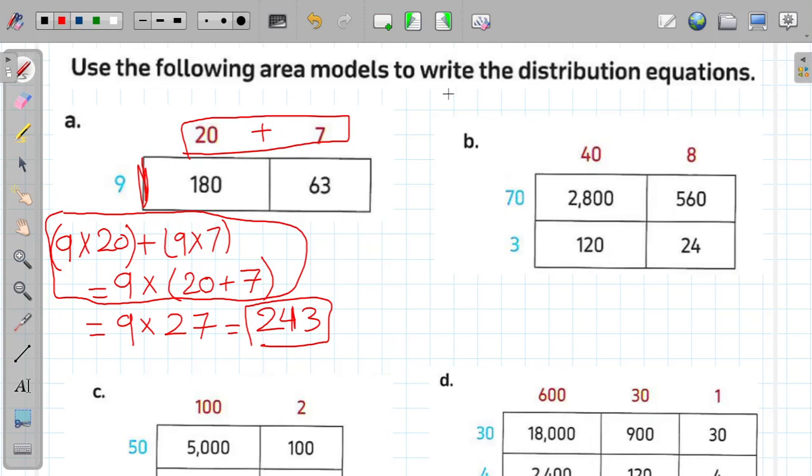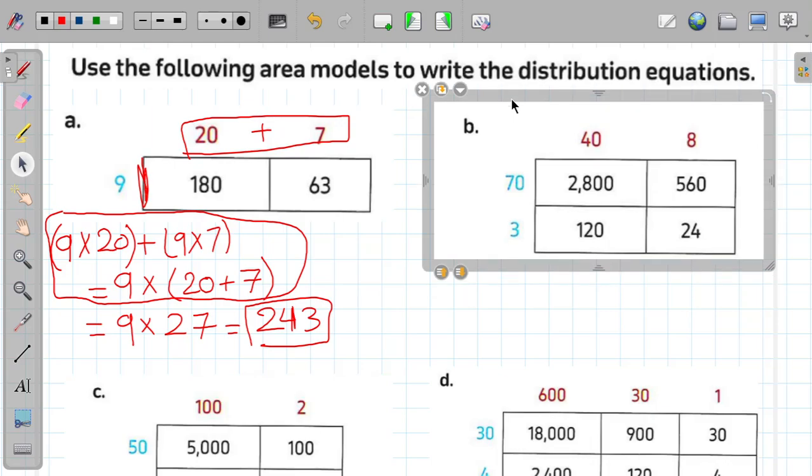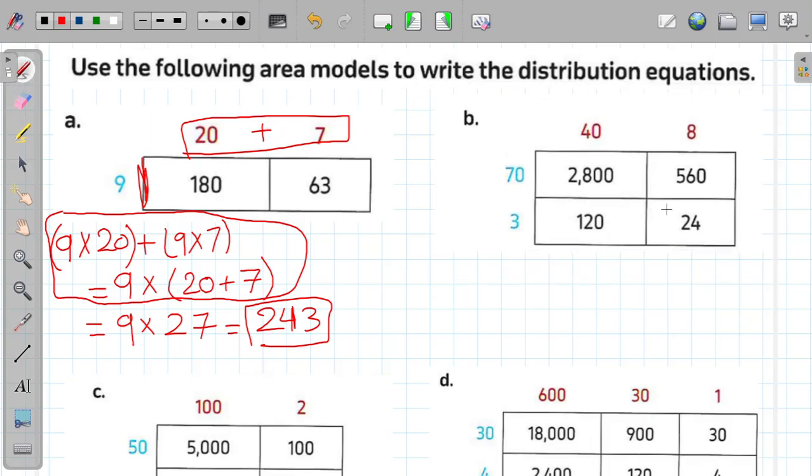Next, I have the second one here. 40 plus 8 and 70 plus 3. So I will say 40 plus 8 by 70 plus 3.